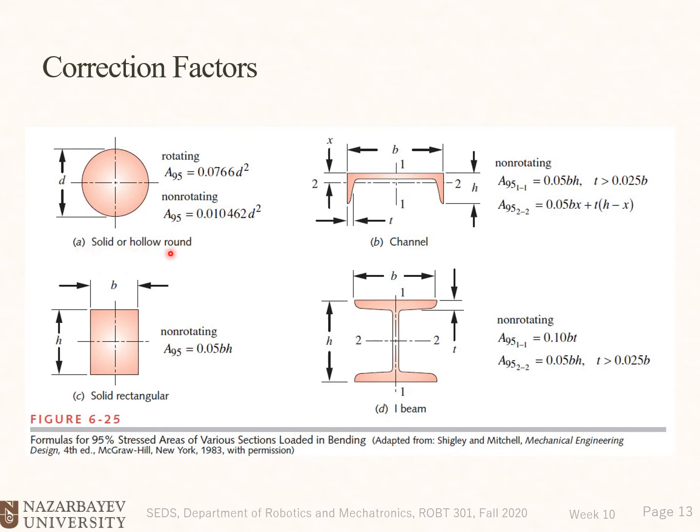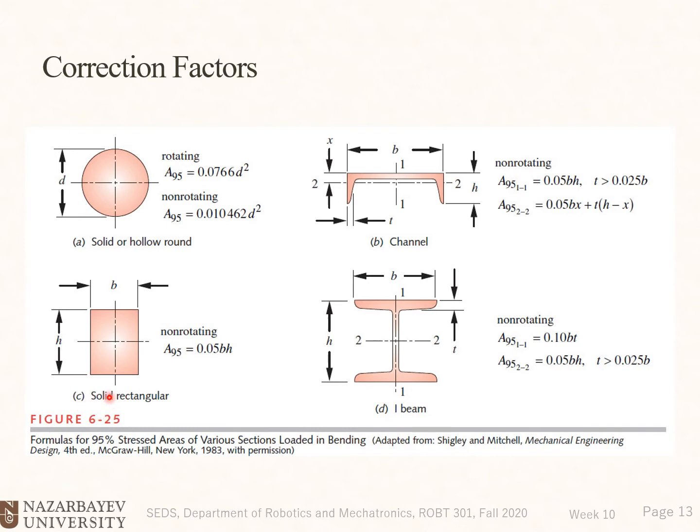For solid round shape, for rotating or non-rotating part, we have different A95. Okay, but for rotating, you don't need to calculate A95. You could simply use D in those conditions or equations in the previous slide.